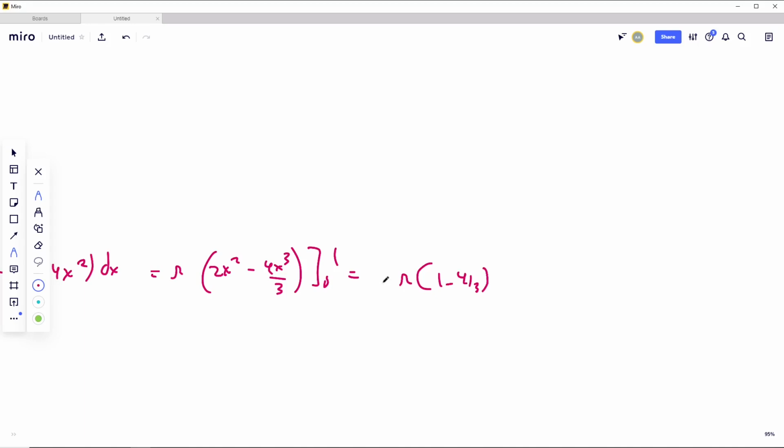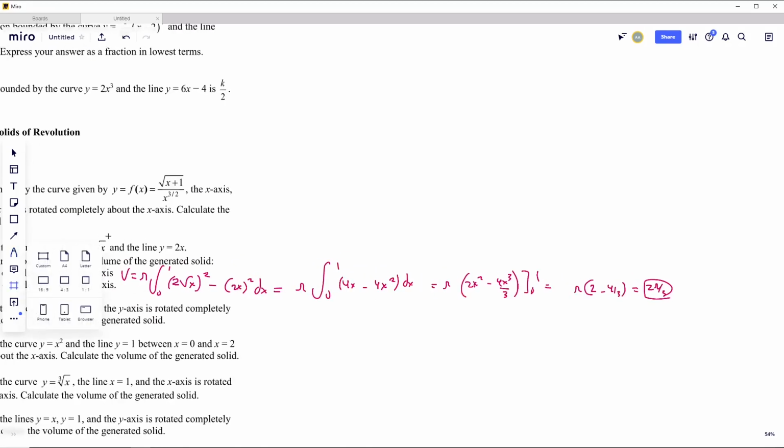Oh wait, what 1? 2, my bad. I was like, how are you getting negative? Anyways, so 2 minus 4 over 3, you're going to get 2 over 3, which is actually the answer, 2 pi over 3. So that was a.